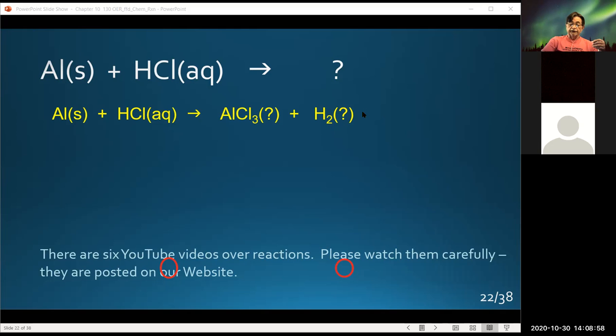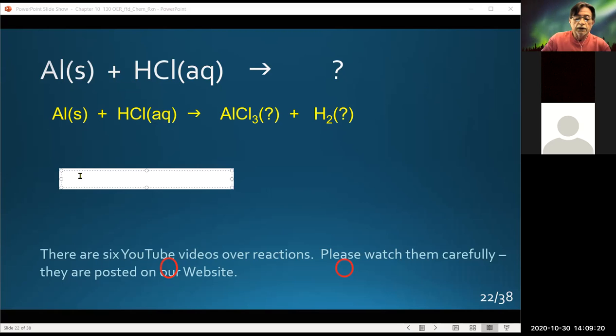Now, let me think of, all right. What if you had this reaction where you had copper chloride plus hydrogen gas?